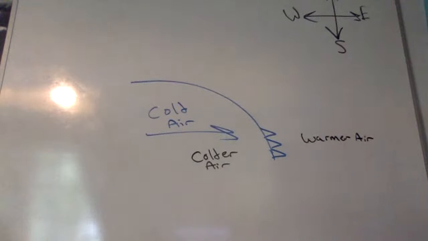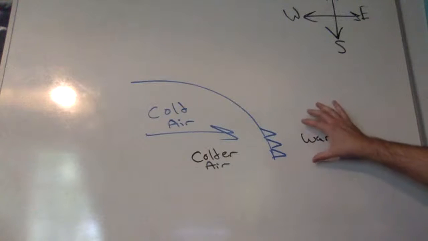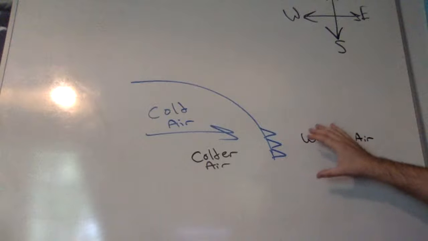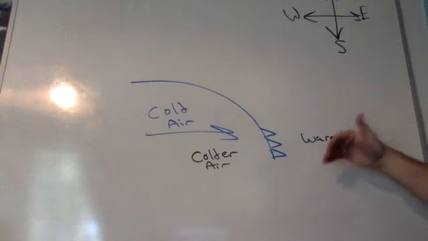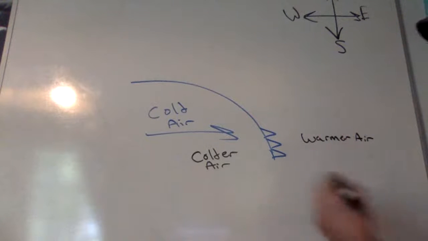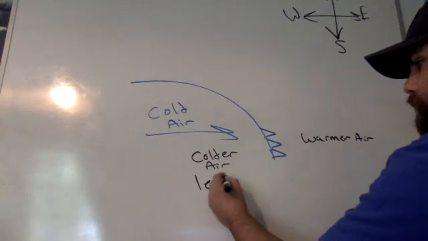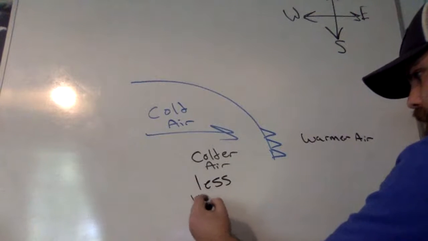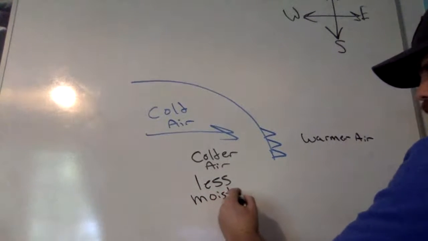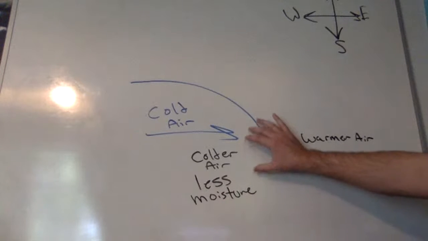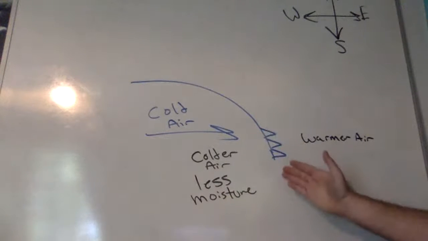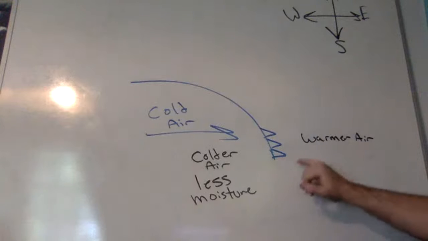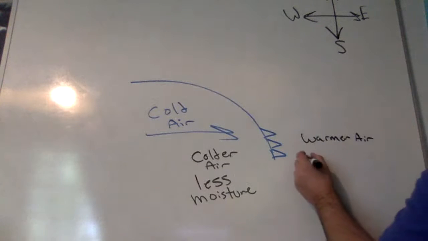Now, with the moisture, warm air is able to hold more water vapor than cold air. So you're going to have less moisture on the left side compared to this diagram with the cold front. Now on this side, you're going to have more moisture.